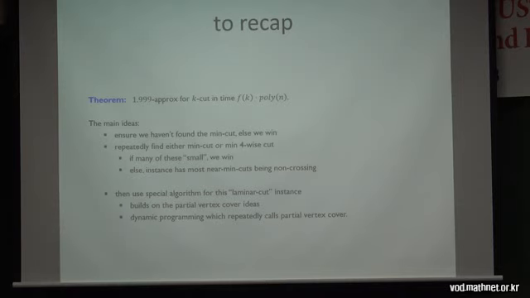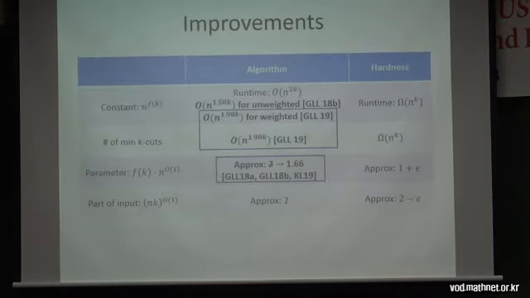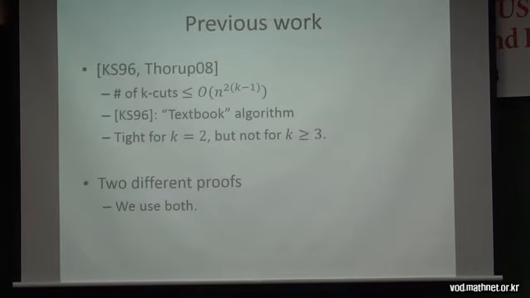Okay. So some more slides. Now let me go to the second part of the talk, which is about the number of minimum k-cuts. As I said, the previous work showed that the number of minimum k-cuts is at most n to the 2k minus 2. This was done by Karger-Stein, who gave a randomized algorithm with a similar running time.